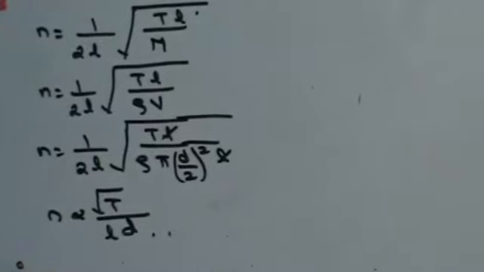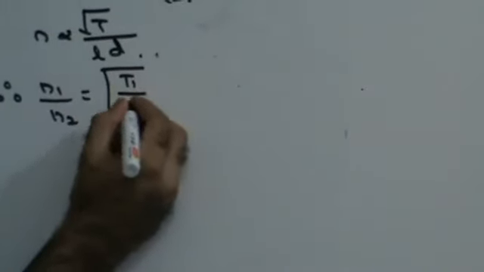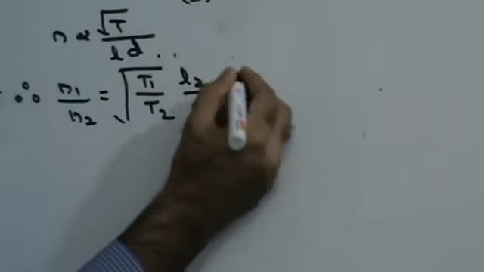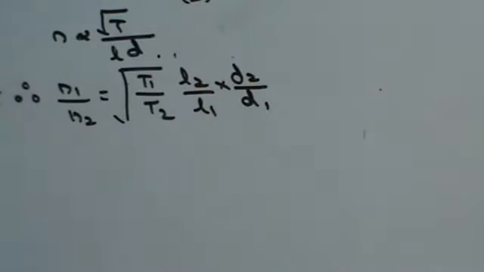Hence N1 upon N2 is square root of T1 upon T2 into L2 upon L1 into D2 upon D1, right? So I'll get the ratio of N1 is to N2.